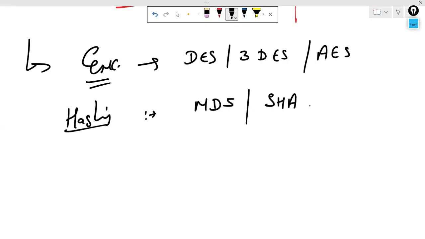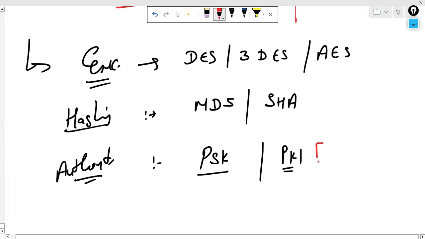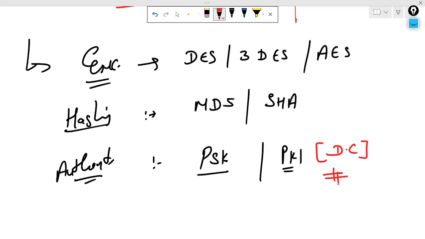SHA has different variations, like 256, 512 and so on. And then we have authentication, with the help of PSK, pre-shared key, and then PKI, public key infrastructure. Public key infrastructure is the concept about digital certificates. I hope you have heard about the certificate concept, right? So that comes under it.